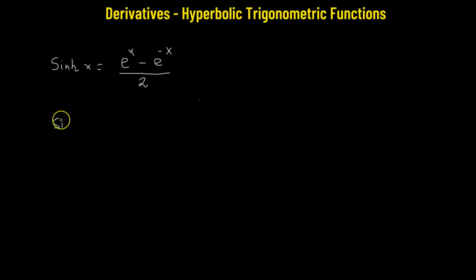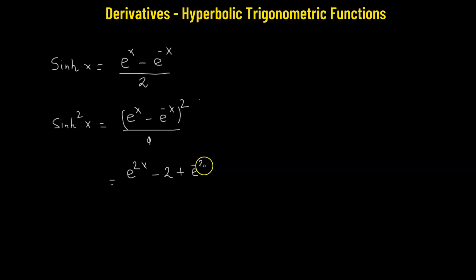Let's square both sides. So we have hyperbolic sine squared x, which will be e raised to the power of x minus e raised to the power of negative x, whole squared, divided by 4, which gives us e raised to the power of 2x minus 2 plus e raised to the power of negative 2x, all divided by 4.